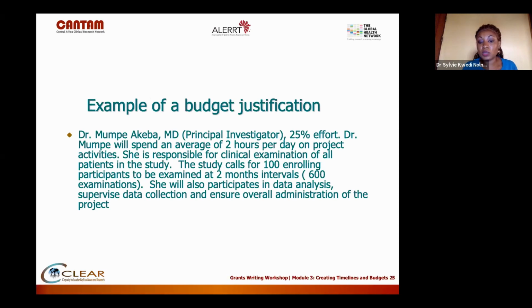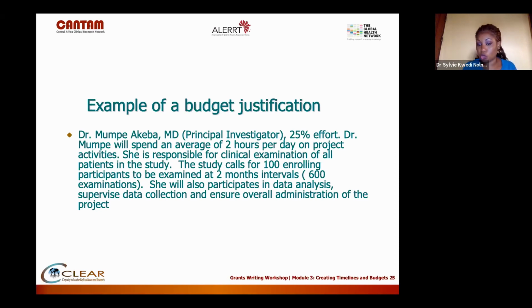Let's say that I put down in my budget that the principal investigator has a certain salary. Now, it's very rare that you will see a PI involved in the project 100%, because as a PI, as an investigator, it makes sense that you are managing, overseeing many research projects at the time.